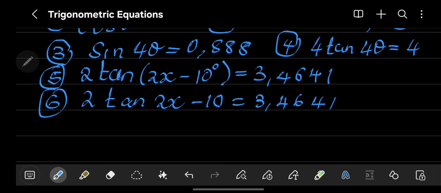Remove 10 first because it is joined by minus. But then here you cannot remove 10 first. Why? Because the 2x and the 10, they are all locked up in the same bracket. So it makes the whole thing an angle. Okay, but then here the angle is 2x only. That minus 10, it is a constant. So start with removing 10 first.